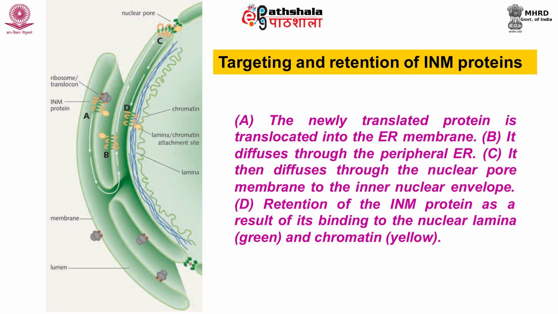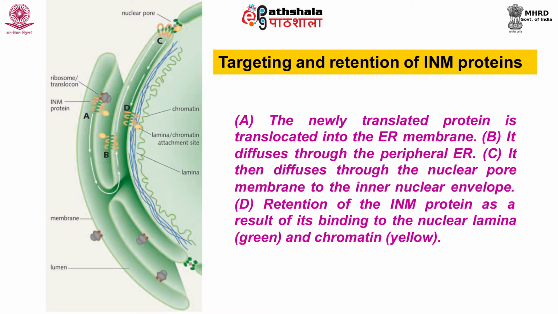First, step A shows translocation or transport of newly translated protein into the rough ER membrane. This protein diffuses through the peripheral ER, which can be observed as step B. In third step, that is step C, the protein diffuses through the nuclear pore membrane into the inner nuclear envelope.